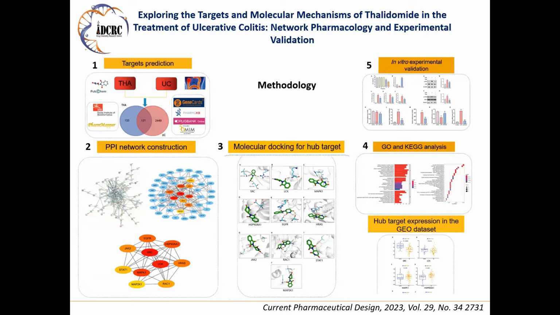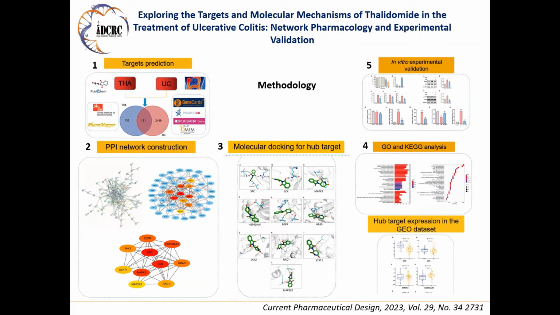Then, with the help of databases such as PubChem and PharmMapper, they identified 133 targets which can be potential targets for thalidomide. Then, from GeneCards, PharmGKB and DrugBank, they identified 2449 targets involved in ulcerative colitis. After that, they found 121 targets which were common to thalidomide and ulcerative colitis.